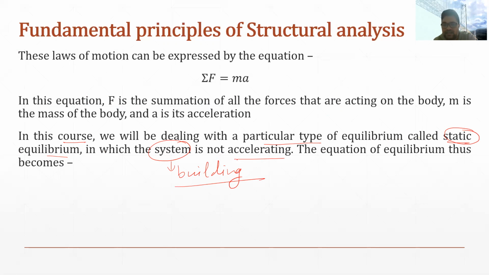If it is accelerating, then our building will collapse. This equation, summation of F equals 0, is called the equation of equilibrium, and the same I have shown here. So we will be following this equation, which is the static equilibrium.